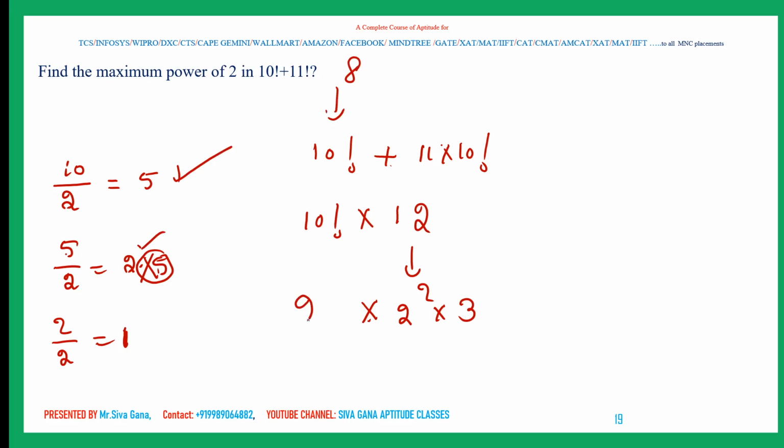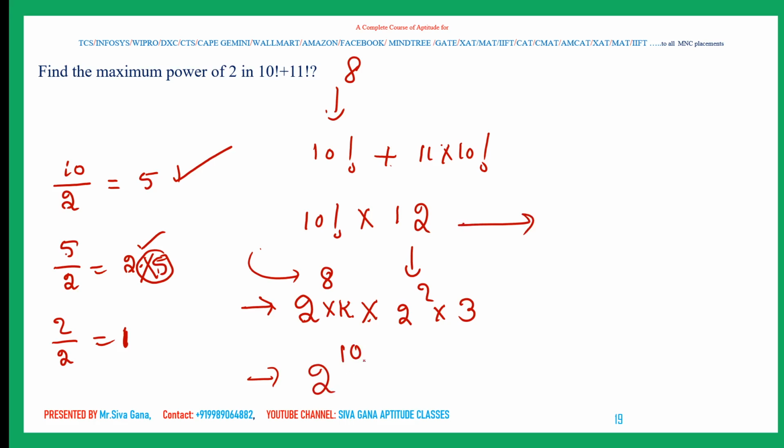So 10 factorial can be written up to a maximum of 2 power 8 into something. The 10 factorial value is not 2 power 8; in terms of powers of 2, we can write it up to 8. So in this product, how much total maximum power of 2 did we get?